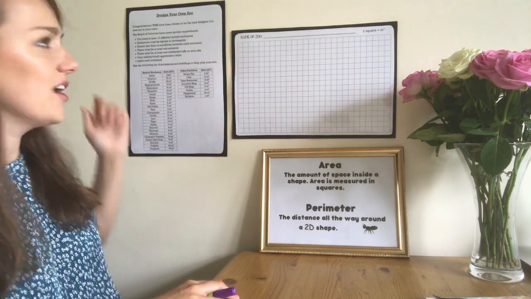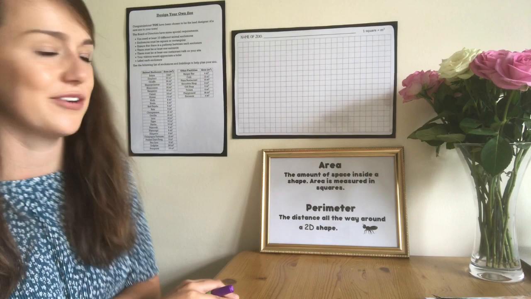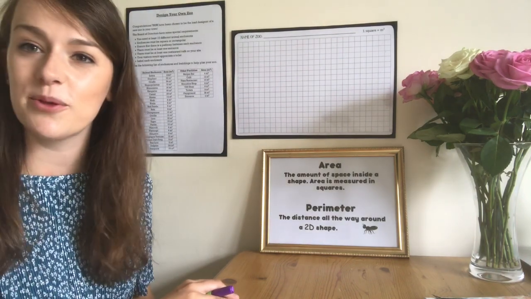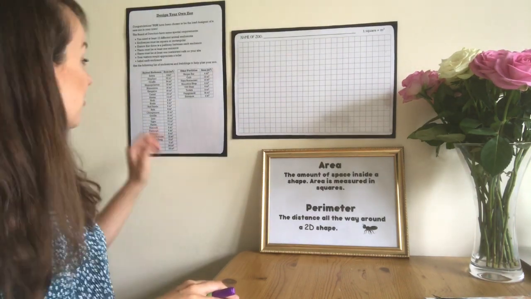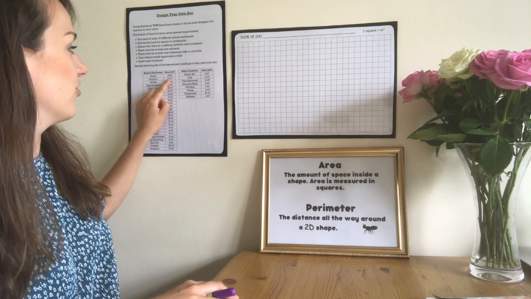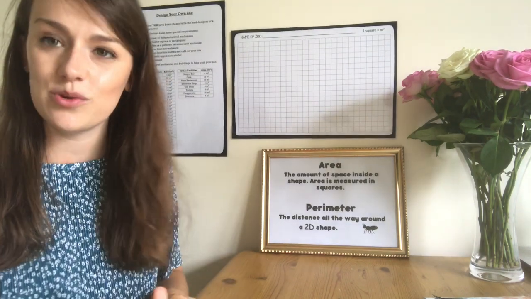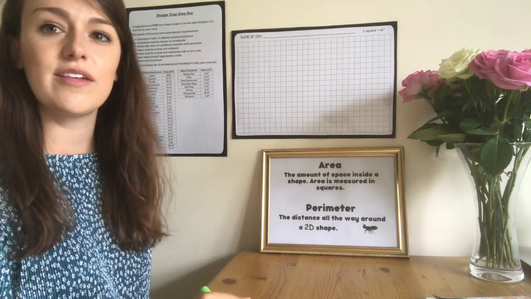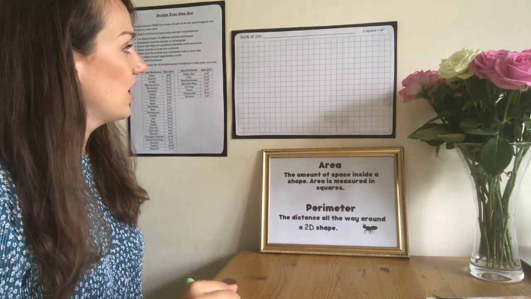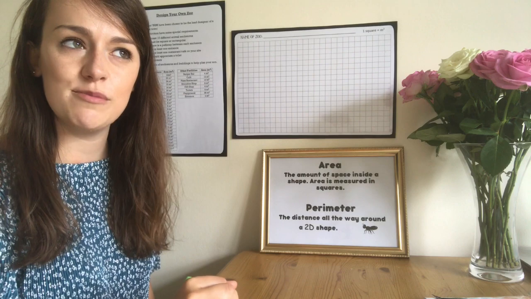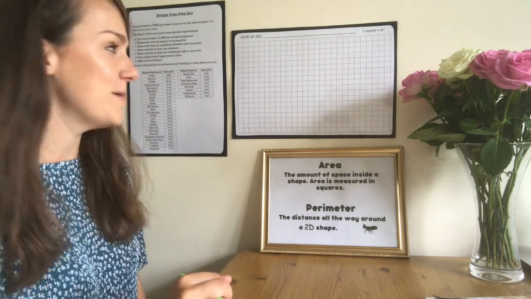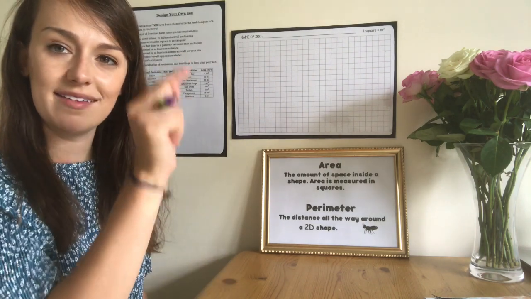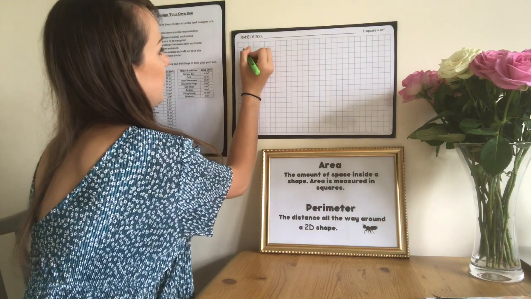So let's go. My class know that I love elephants, so my first enclosure I'm going to choose to be an elephant enclosure. So the elephant enclosure is 30 metres squared, okay? So I need to make either a square or a rectangle that is 30 metres squared. I know that 6 times 5 makes 30, so I'm going to make my enclosure 6 by 5.